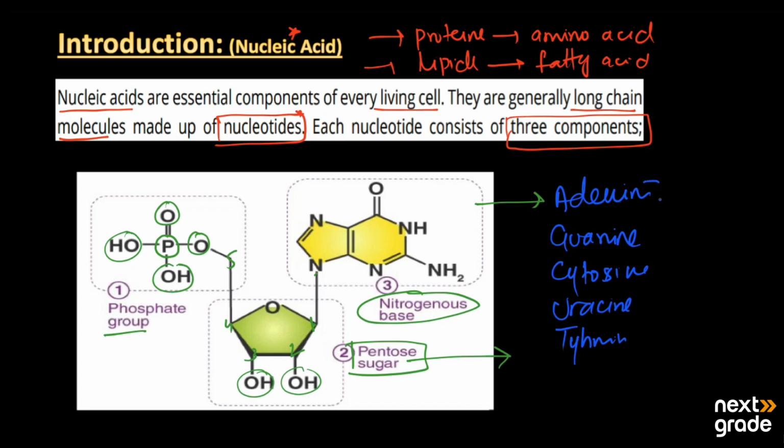So these bases make up the nucleotide. This is the simple structure of the nucleotide. We have mainly the phosphate group, pentose sugar, and the nitrogenous bases. The nitrogenous bases are of five types: adenine, guanine, cytosine, uracil, and thymine.